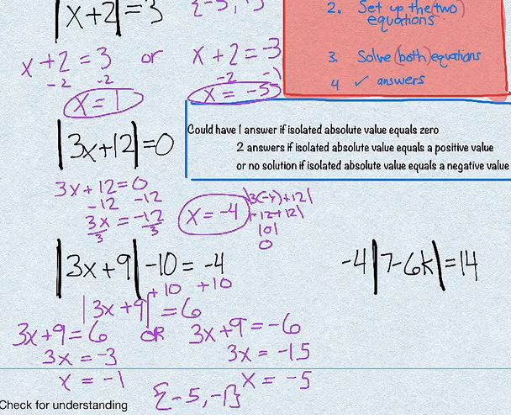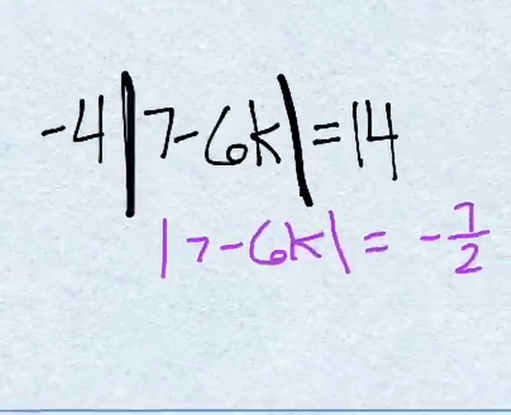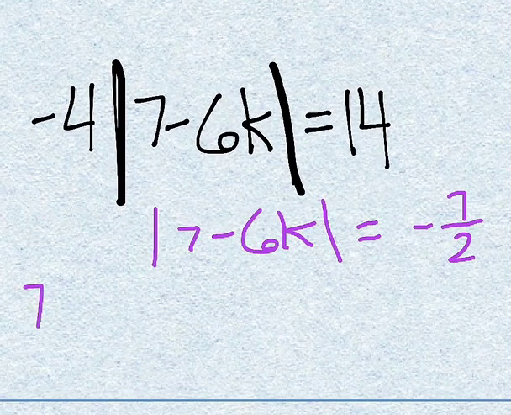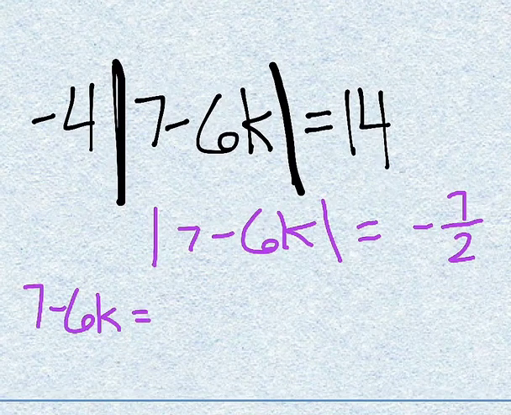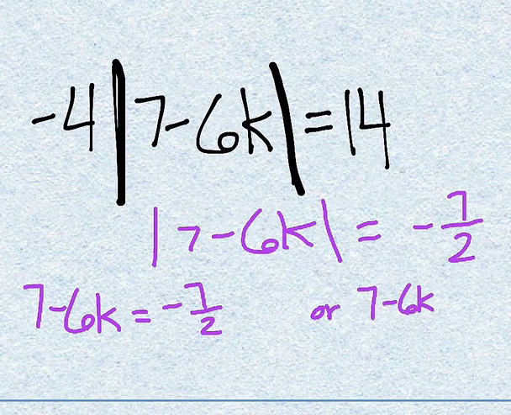Similarly, we could do this one over here. To isolate, the first thing we have to do is divide by -4. If I divide both sides by -4, I have the absolute value of 7 minus 6k equals -7/2, or -3.5. If you were to go ahead and set up the 2 different equations for this one, what you would likely do, and some people just get in the habit of always doing this, you set it up equal to the -7/2 or -3.5, as well as the +3.5, because it's the opposite sign.